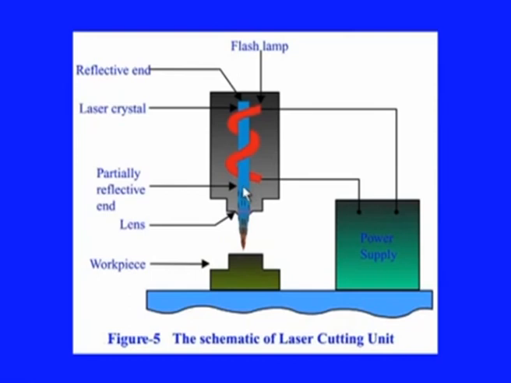At one end the mirror system is partially reflective, therefore some amount of beam will come out as the laser beam, and it will be focused with a certain lens system on the workpiece. The power to this additional energy system will be controlled by some other power supply system.